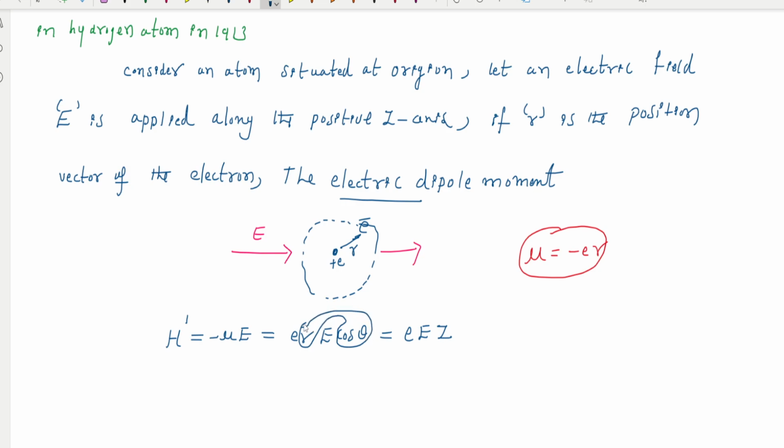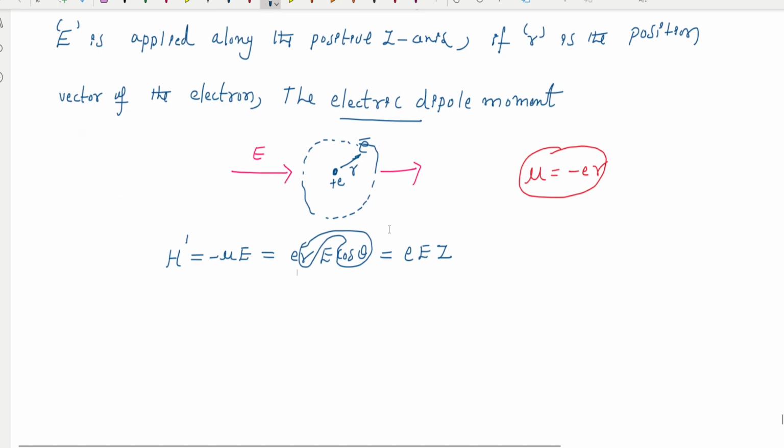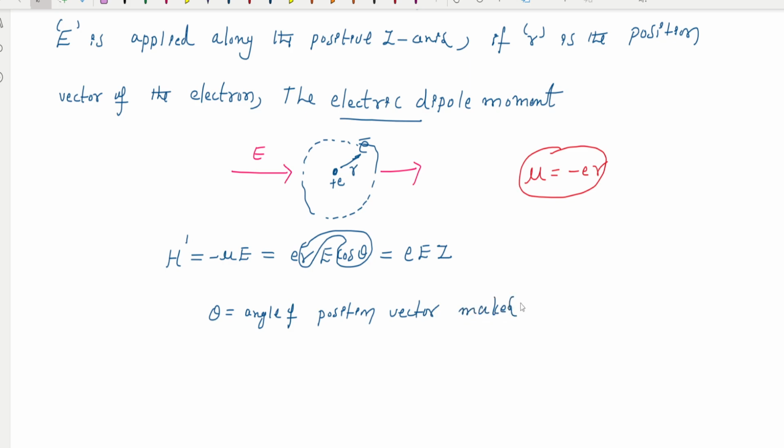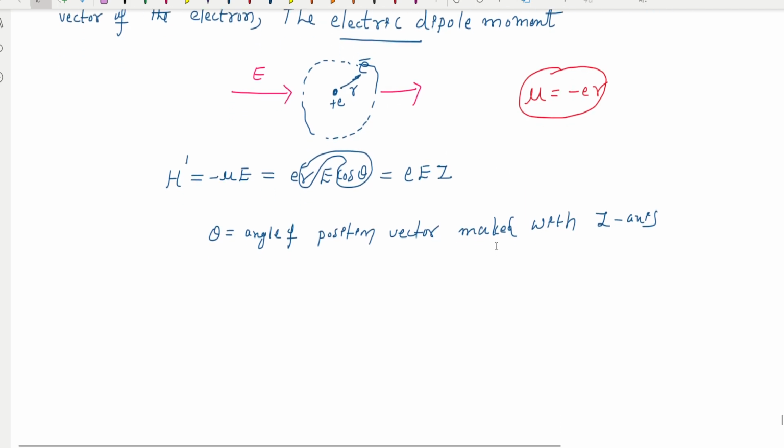Here, theta is the angle the position vector makes with the Z axis. So now write the modified Hamiltonian of this situation.